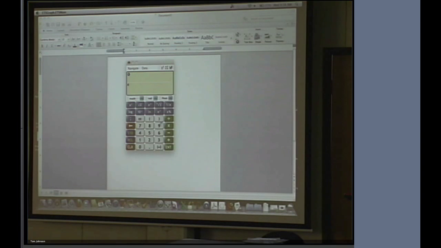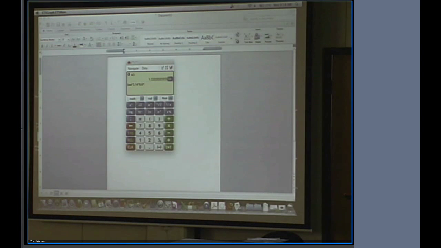I'm going to do 4/3, so we'll just do 4 divided by 3 times 3.14 times 6.6 raised to the third.